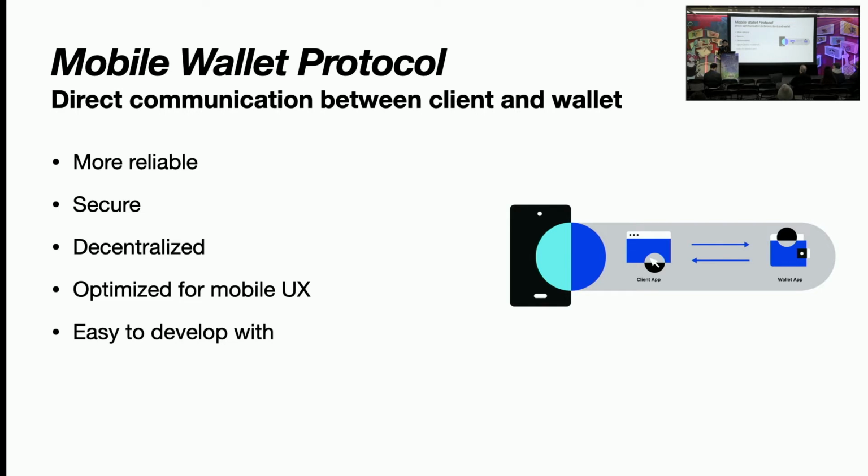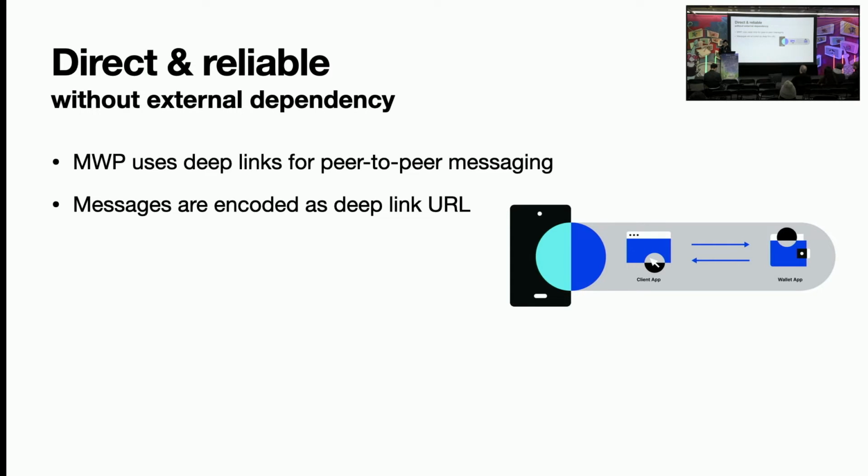So, Mobile Wallet Protocol. This is a new app-to-wallet communication protocol built natively for mobile. The first thing: how does MWP provide direct channels and make it more reliable without external dependencies? Well, it uses deep links to send messages to each other by serializing and encoding messages into a URL.